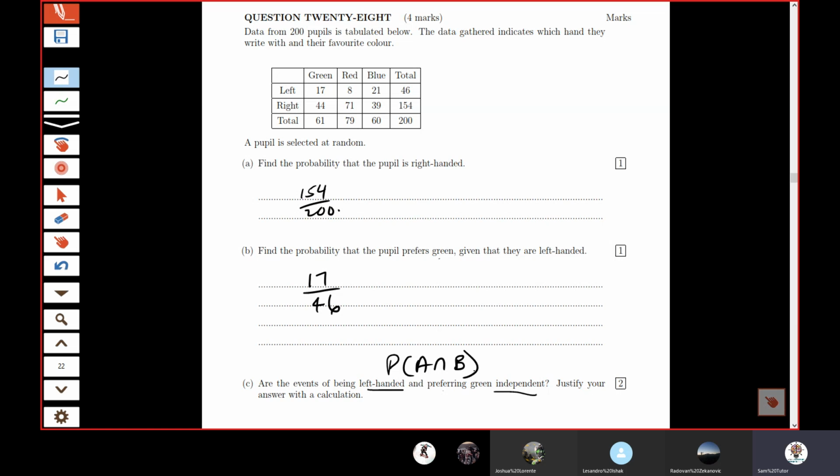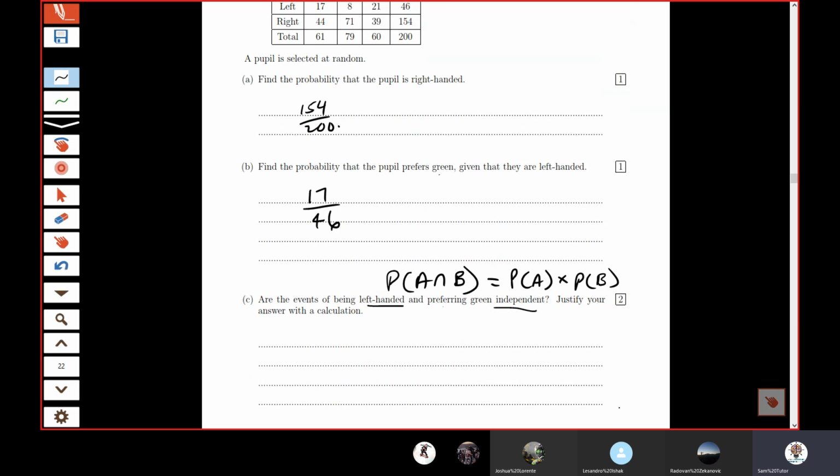Probability of A and B must equal the probability of A times the probability of B. For me and you to be independent events, the probability of you occurring and the probability of me would be multiplied with each other. That's the way it works.